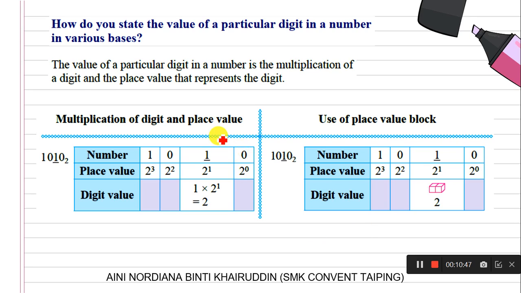So actually we have two methods. This is multiplication of digit and place value, and this one uses a place value block. In this video, I will focus on this multiplication of digit and place value. For this, you can refer to your textbook for better understanding.